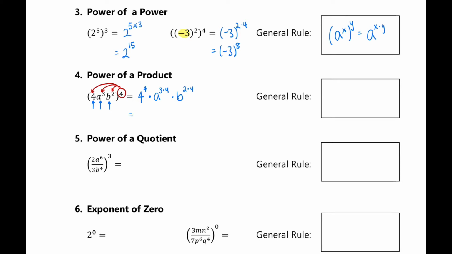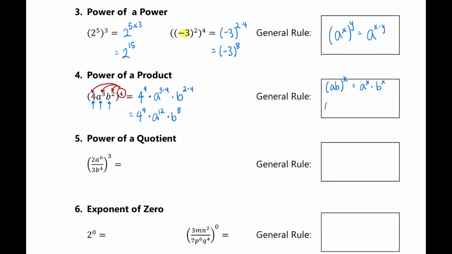So when you simplify, I'm not going to evaluate it, but if you simplify the expression, then it's going to be 4 to the power of 4 times a to the power of 12 times b to the power of 8. So the general rule is that if we have a product base, like a times b, and the exponent is x, then this is equivalent to a to the power of x times b to the power of x.